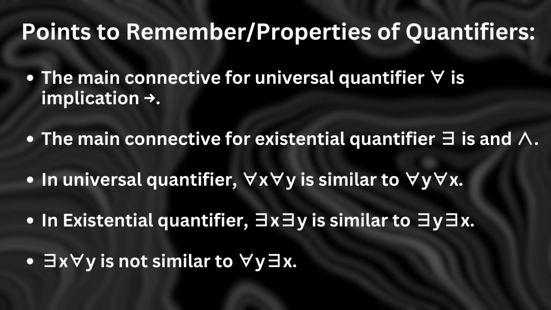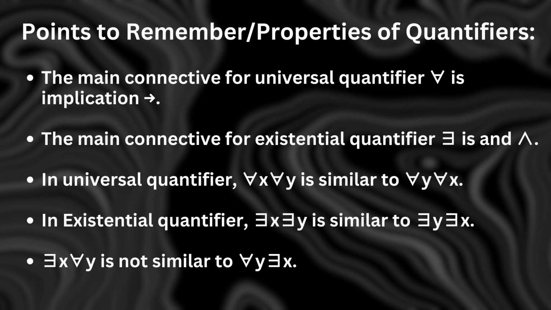The key points and properties to remember regarding quantifiers are: the main connective for the universal quantifier, for all, is implication. The main connective for the existential quantifier, there exists, is conjunction, that is and. For all x for all y is similar to for all y for all x.